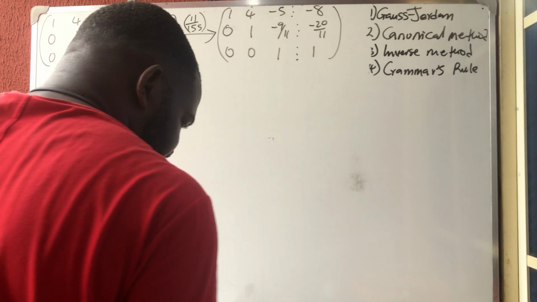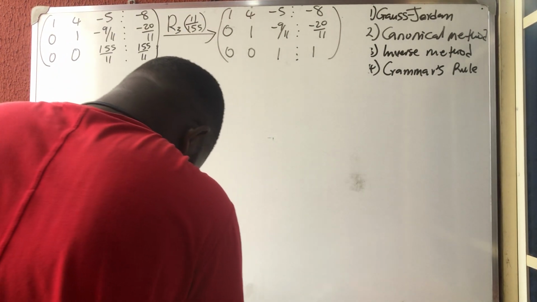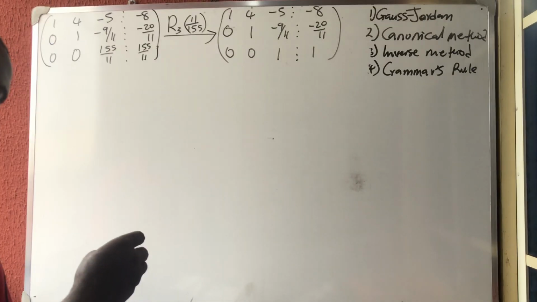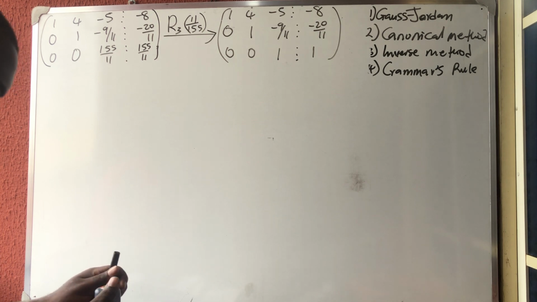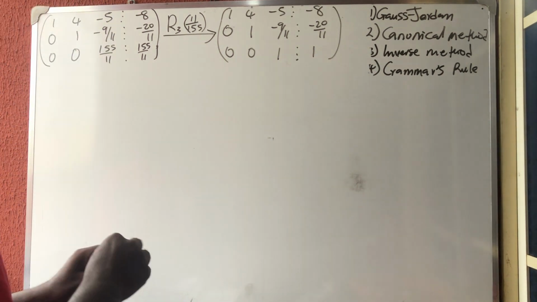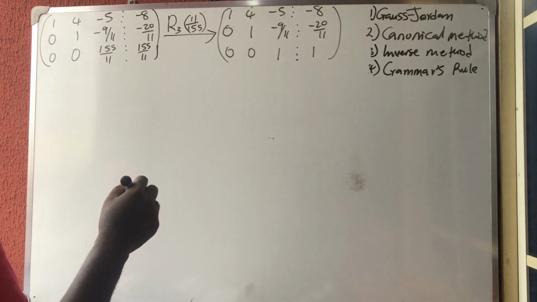So I'm going to have, permit me to refill. So how do we make it 0?